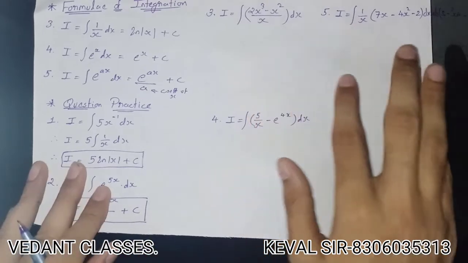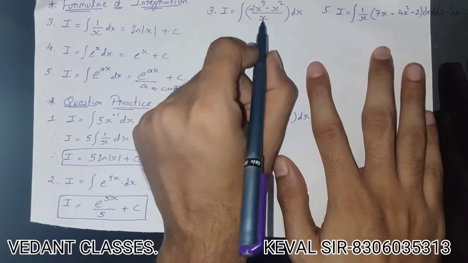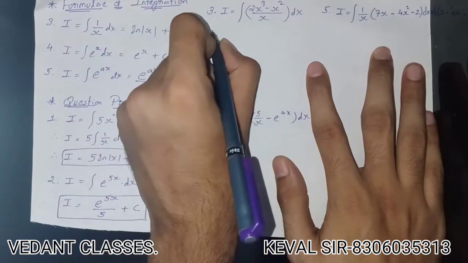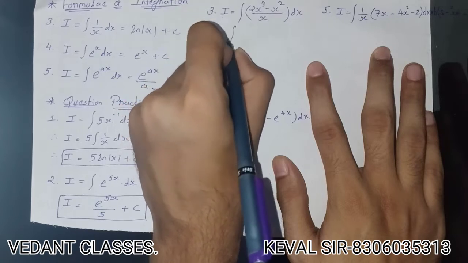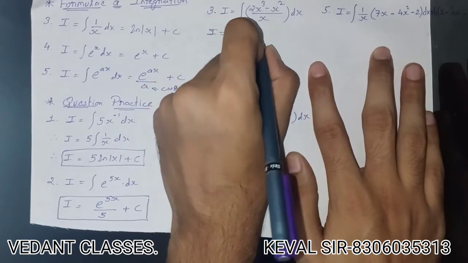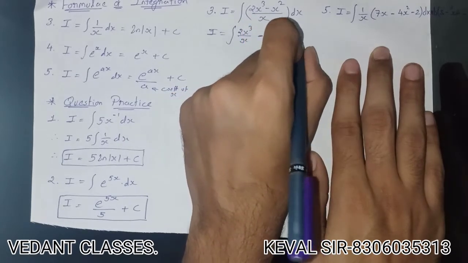Okay, let's solve a few more questions. The third one is, now if you know, then we need to apply the separate denominator to both the terms. So it will be I is equal to integration of 2x cube by x, and this will be integration of x square by x dx.